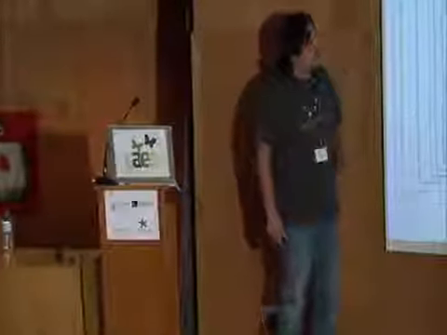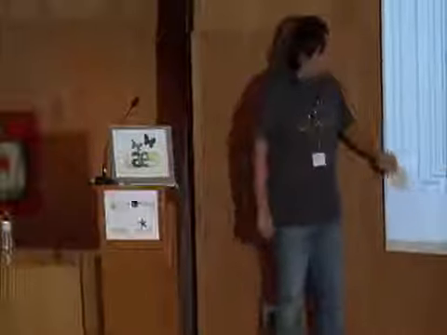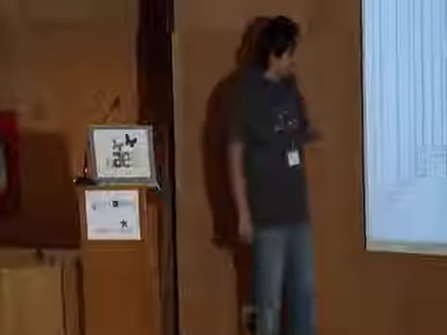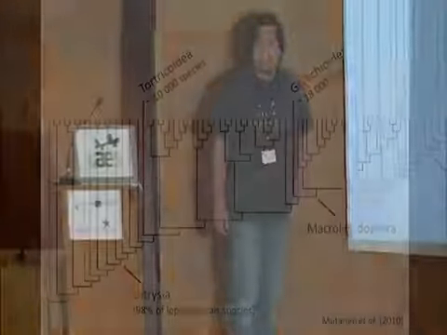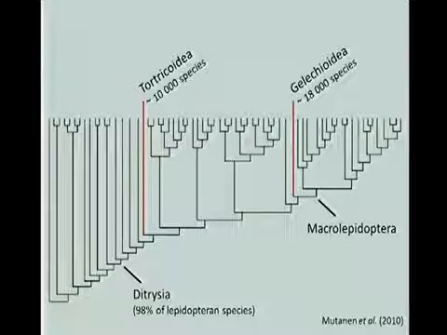This is the higher-level phylogeny of Lepidoptera, and you can see that about 98% of all Lepidopteran species belong to the group called Ditrysia, and then around half or more than half, and probably all, species of moths and butterflies belong to the group Macrolepidoptera.